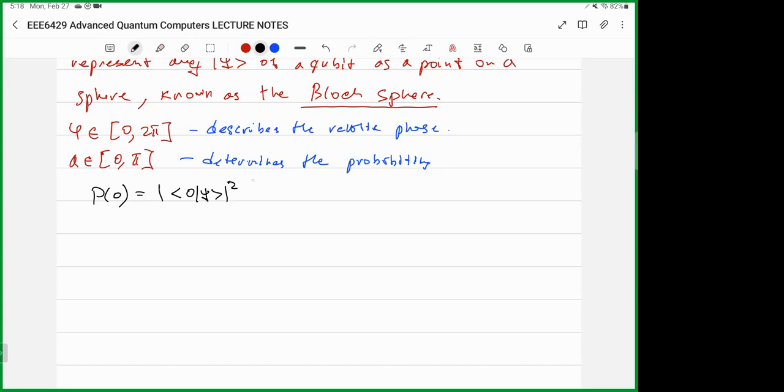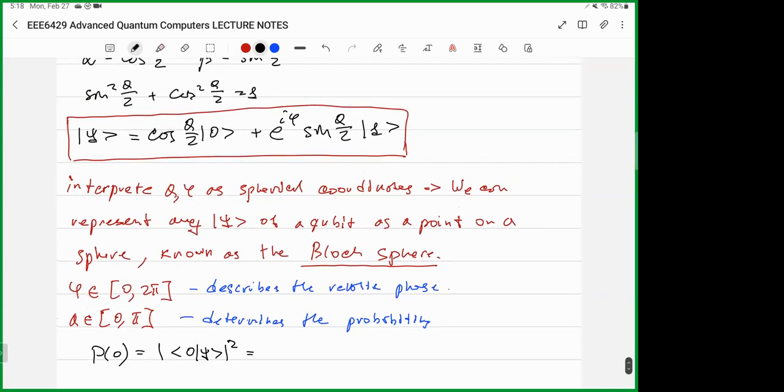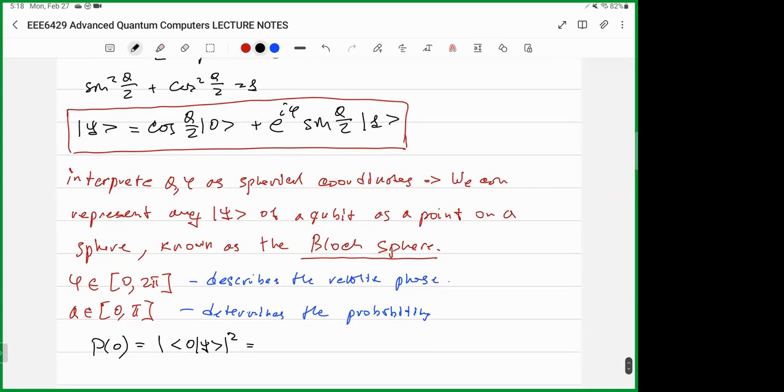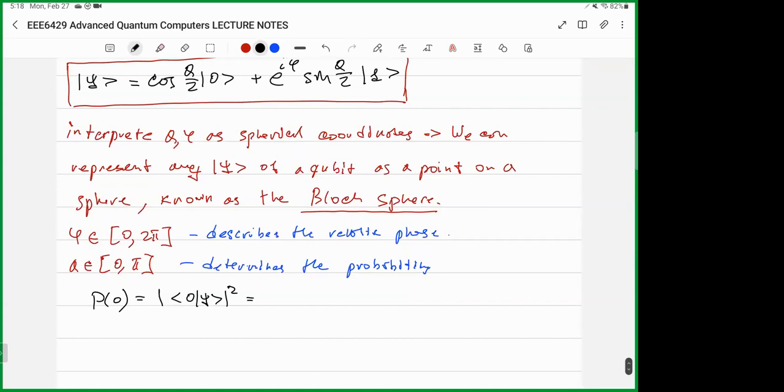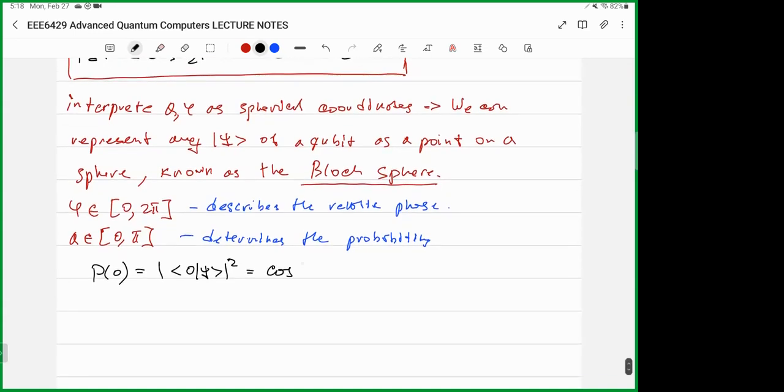Right. And from here, we conclude that it is defined by the cosine square of theta over 2, right? Because this inner product of 0 state and this psi state gives you this cosine theta over 2. So it will be cosine square of theta over 2.